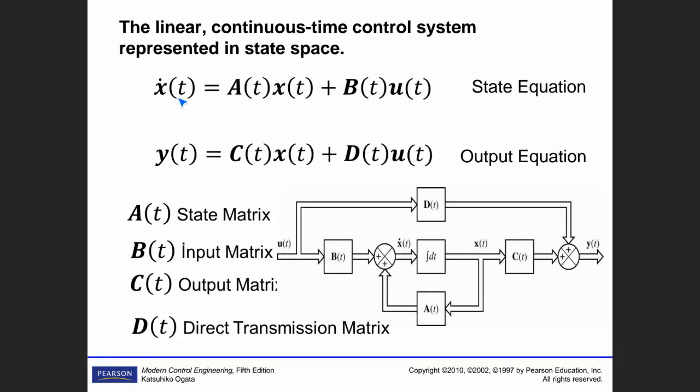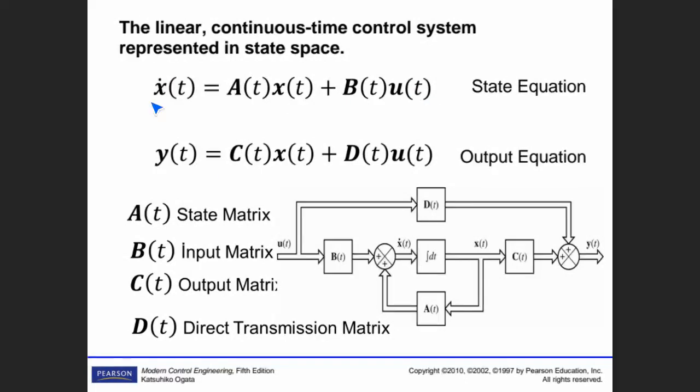A times X, where A is a matrix, by the way. A is the state matrix, B is the input matrix, X is the state vector, and U is the input of the system.